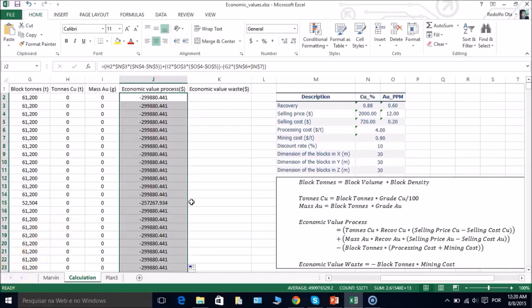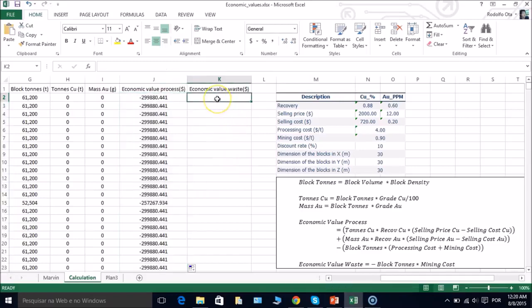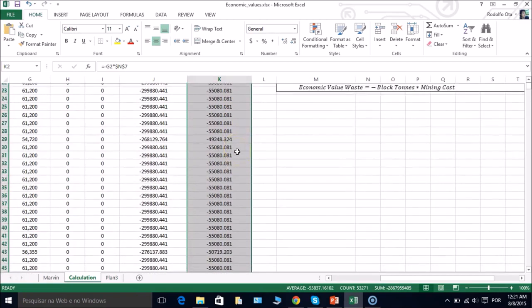For waste, the formula is simpler, so we just multiply minus the block tons by the mining cost. And here, economic value waste for all blocks.